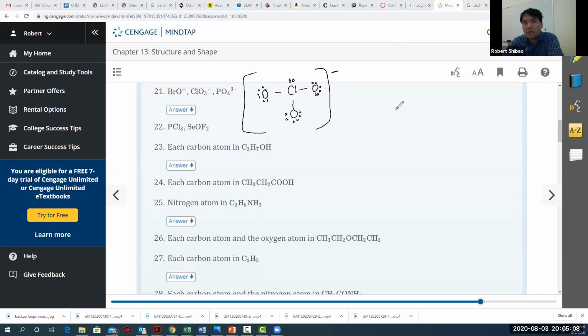Let's look at the VSEPR structure. There are 4 groups: a lone pair and 3 singles. So we'll throw the lone pair in the plane and then one of the single bonds in the plane. That's going to put a single bond out of the plane here and a single bond into the plane here. So here's our wedge and here's our dash. And then I'll just draw these out quickly as lines here.